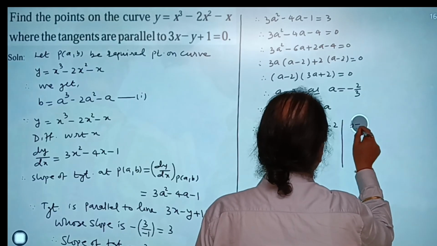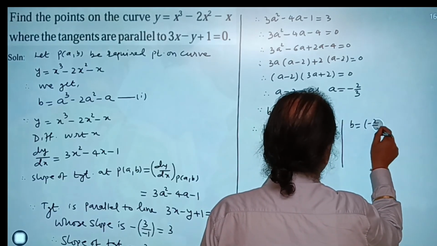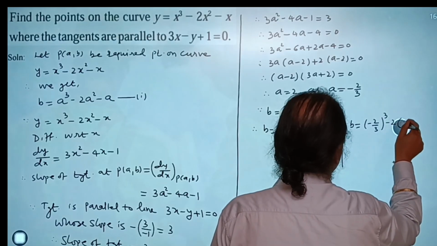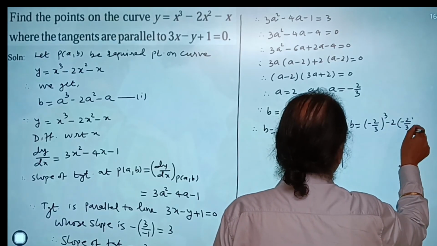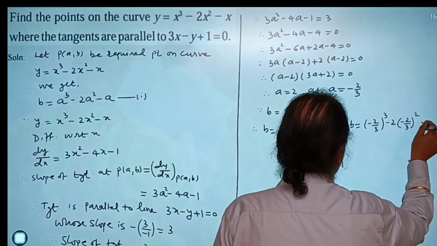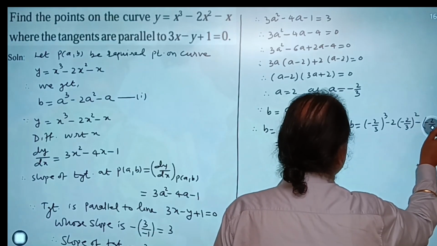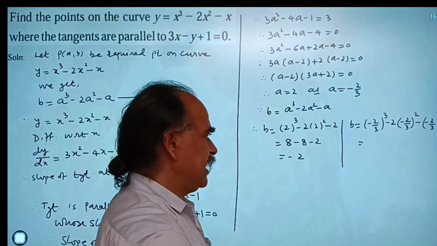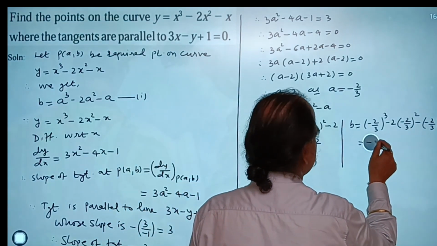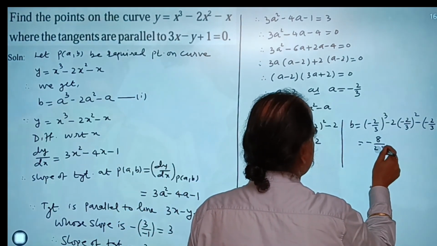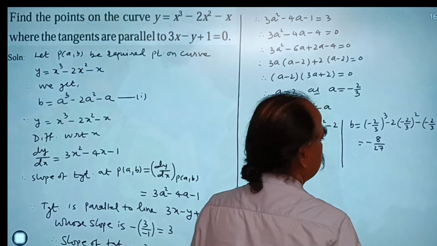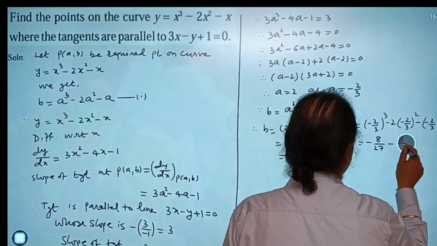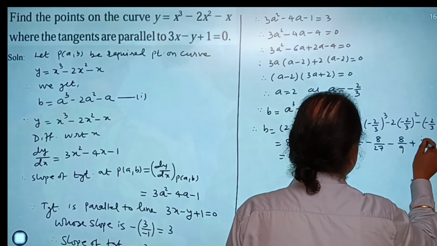Or b will be minus 2 by 3 cube minus 2 into minus 2 by 3 square minus of minus 2 by 3. That is minus 8 by 27, minus 8 by 9, plus 2 by 3.